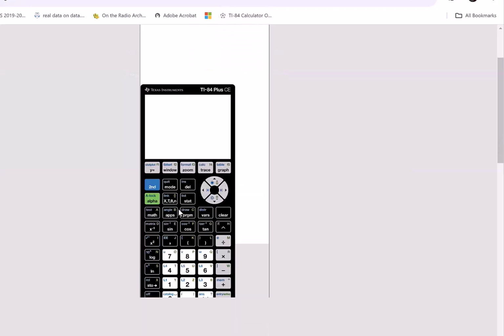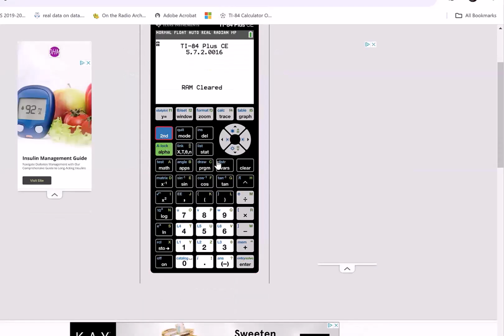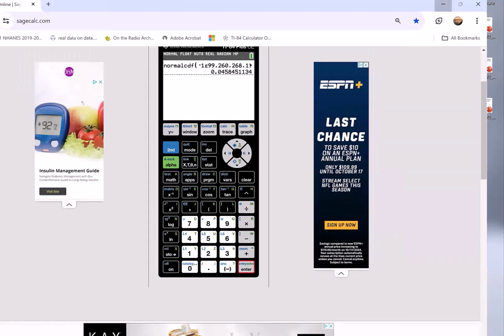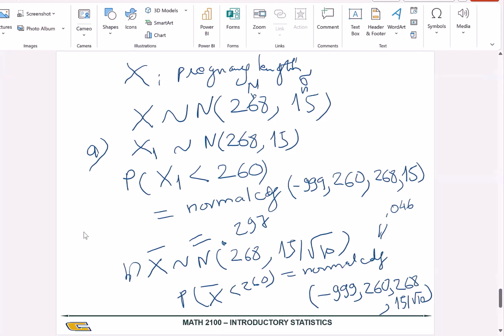Instead of negative 999, this is a much smaller number, negative 1 followed by 99 zeros. Then upper bound 260, mean 268, and 15 divided by square root of 10. The same result, 0.046. This is how you solve this problem.